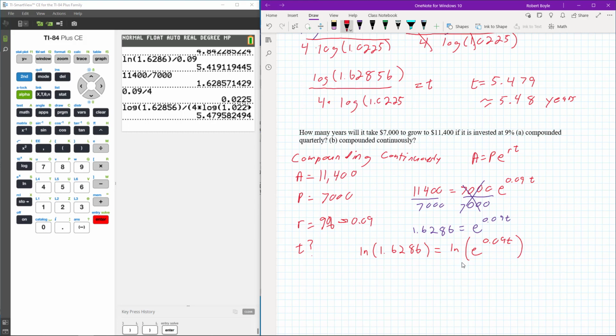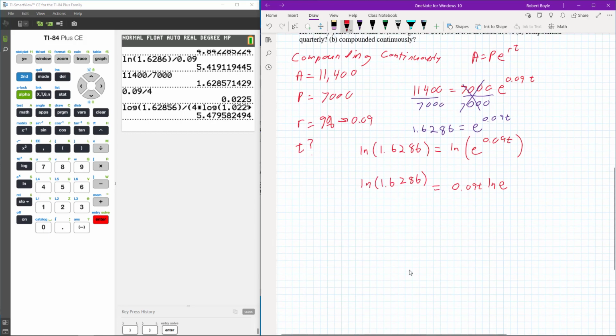Once again, we can use the power rule here, or the power property, and if we do, we will have that this is equal to 0.09t times the natural log of e. And over here, we will have the natural log of 1.6286. Now this is why we're going to use the natural log. The natural log of e right here is equal to 1.